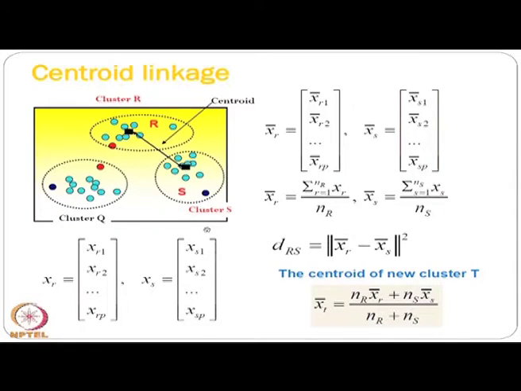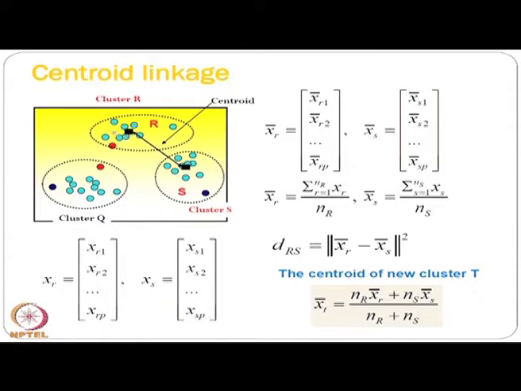Now come to centroid linkage. Centroid linkage is a little bit different, where we first find out the centroid of the cluster, and then we see the distance between the centroids. For example, let us consider R as one cluster and S as another cluster.